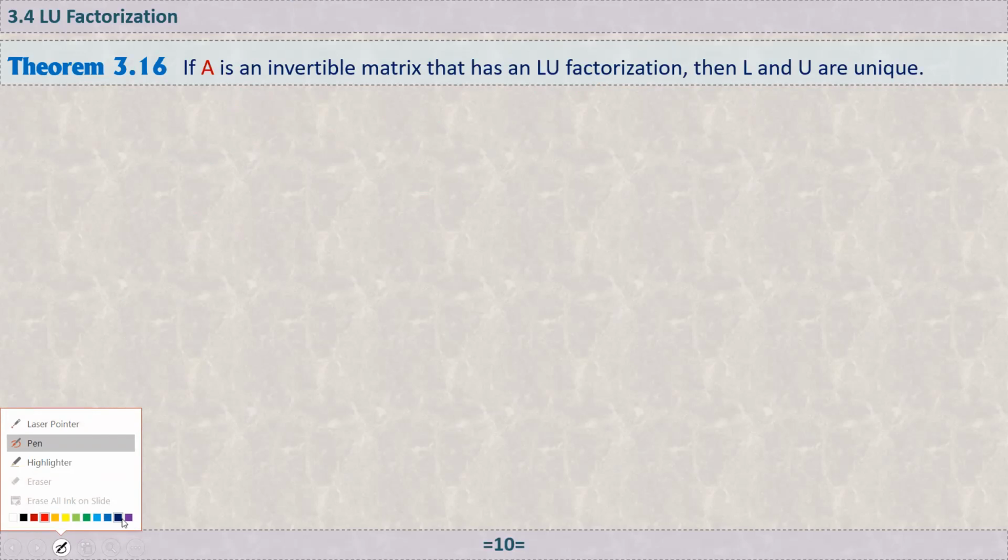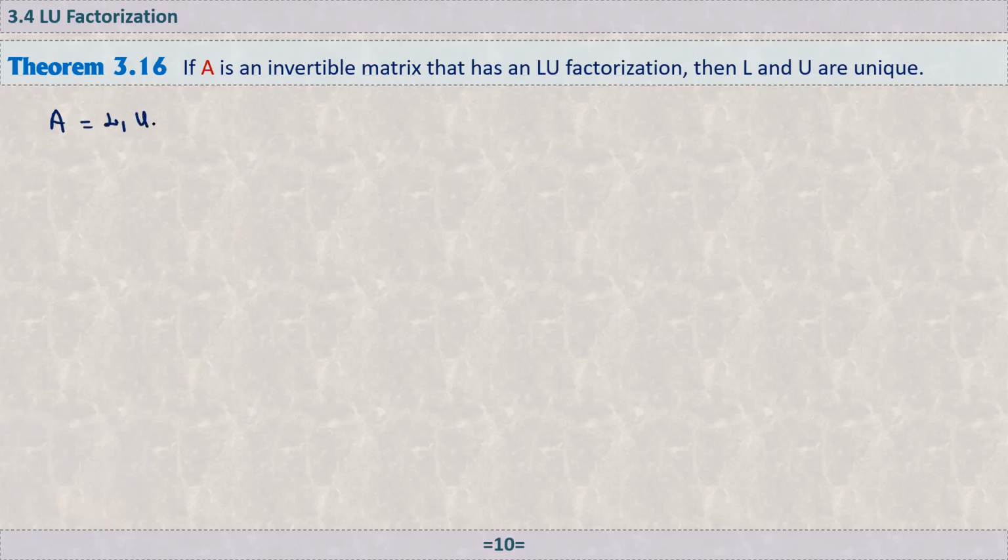Okay, let me just use this color. Suppose A can be factorized in 2 different ways. That's L1 U1. And the second one is, let's say, A also in a different way, I can find LU factorization L2 U2. Okay, and we know that L1 and L2 are unit lower triangular matrices, and U1 and U2 are upper triangular matrices.